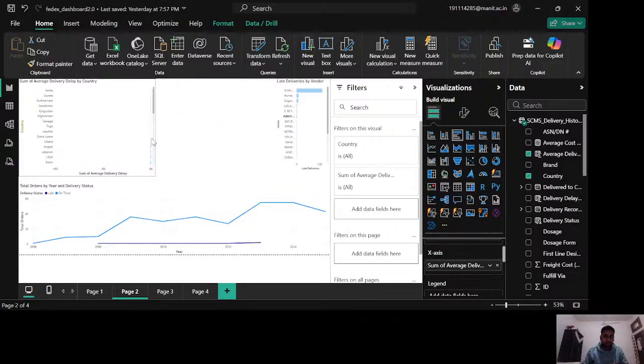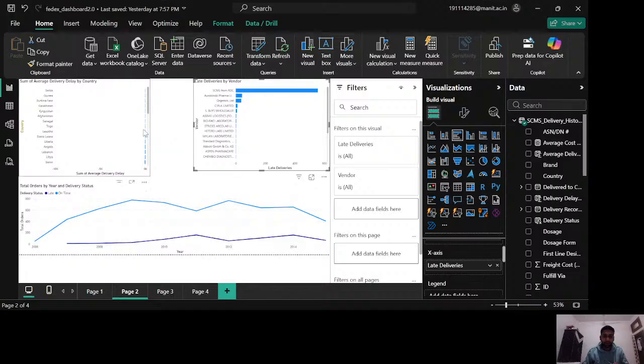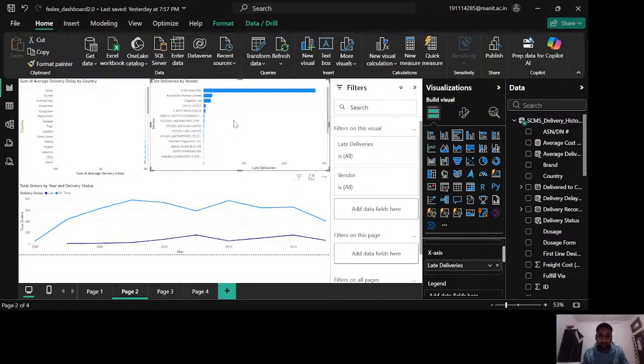Now, decreasing its size, we move on to our next visual, that is late deliveries by vendor.